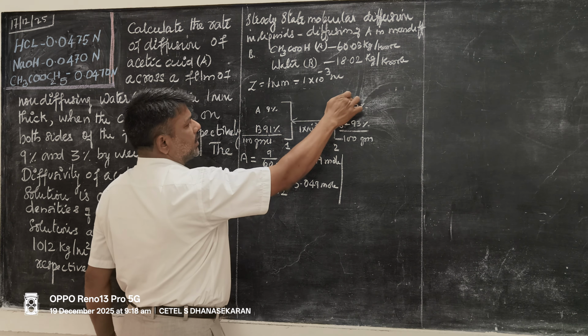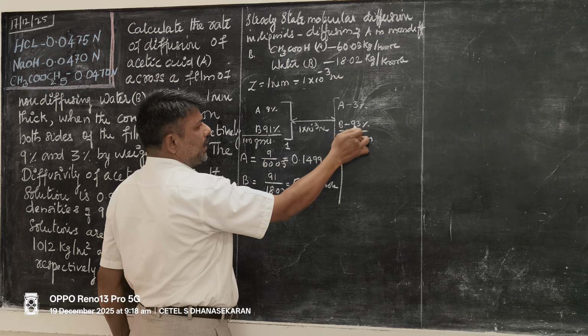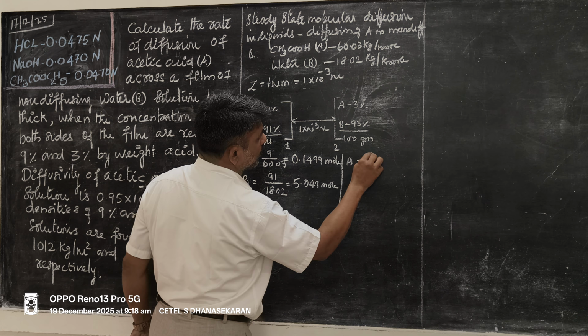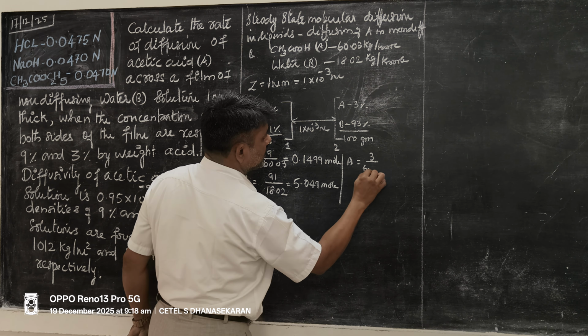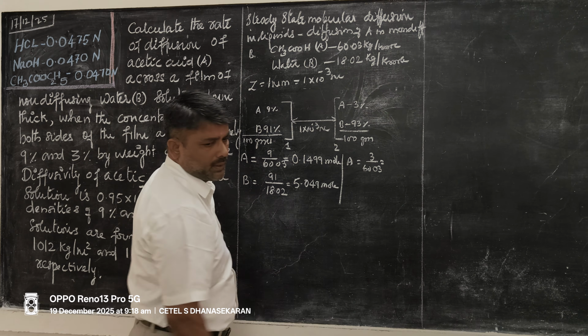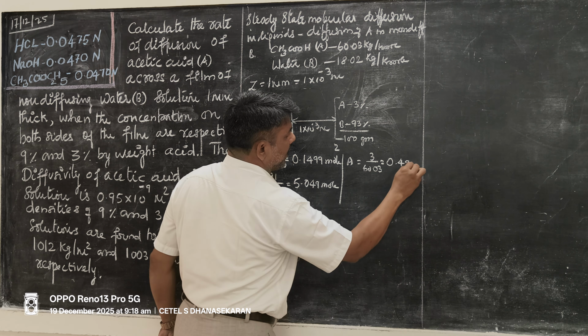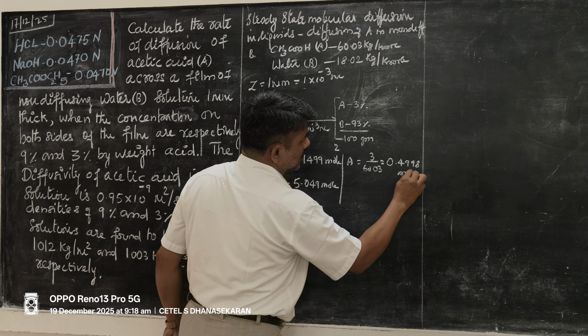Next, 3 grams of A and 93 grams of B. Moles of A is weight divided by molecular weight, 3 divided by 60.03, that means 0.4998 moles.